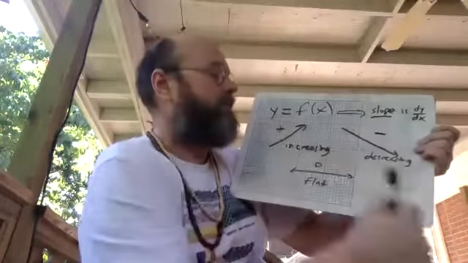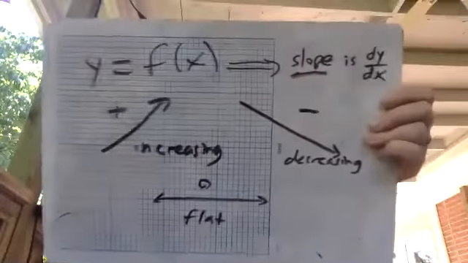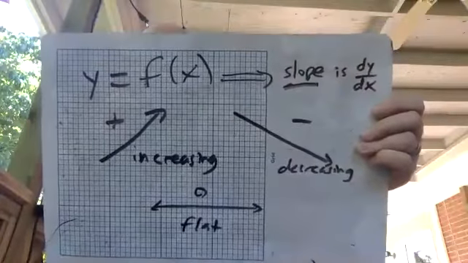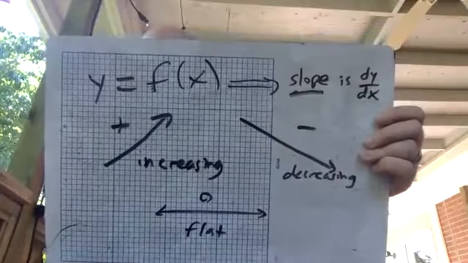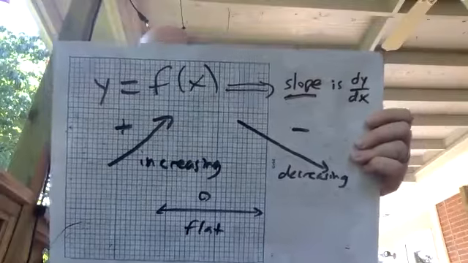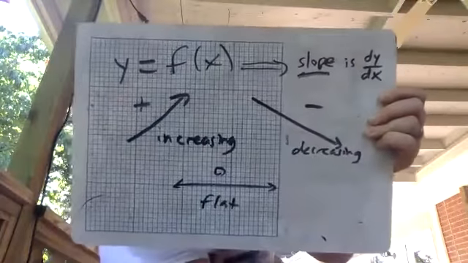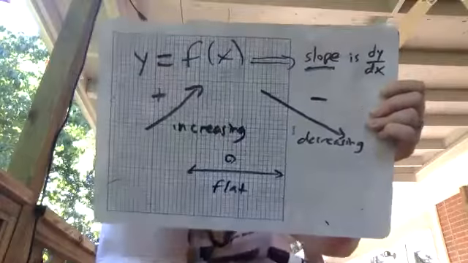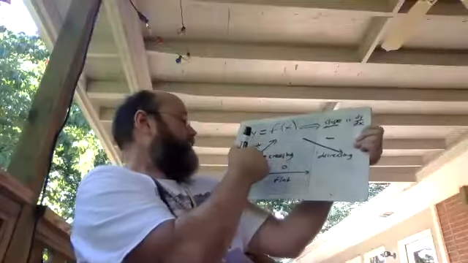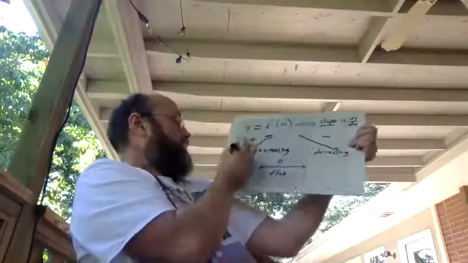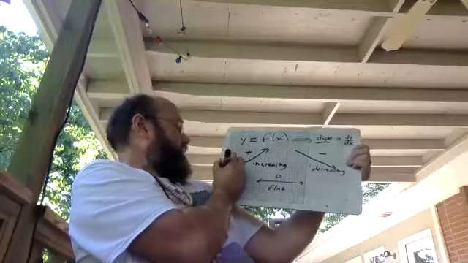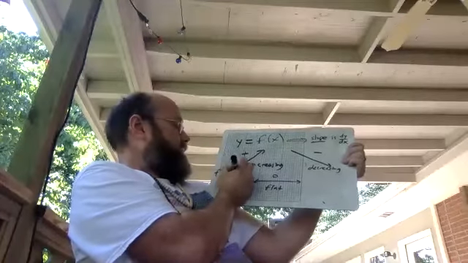If the derivative's negative, the function's decreasing. And if the derivative is 0, the function is neither increasing nor decreasing at that point or at that interval, but rather it's flat.